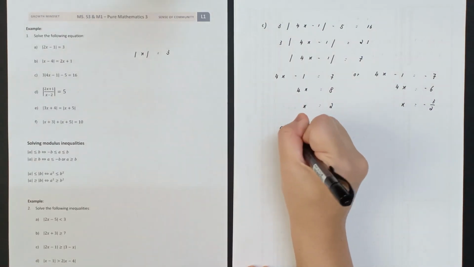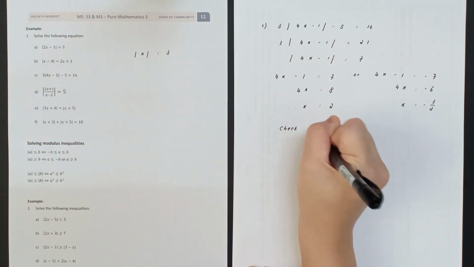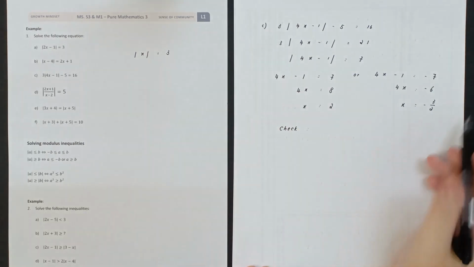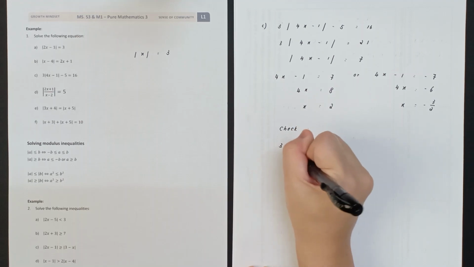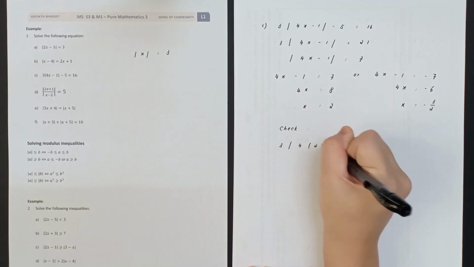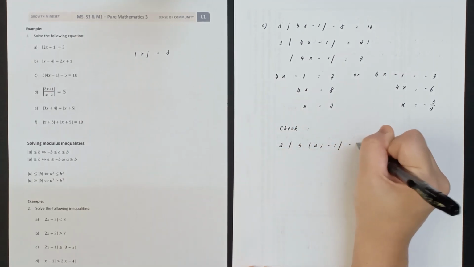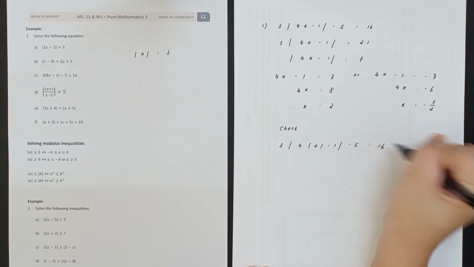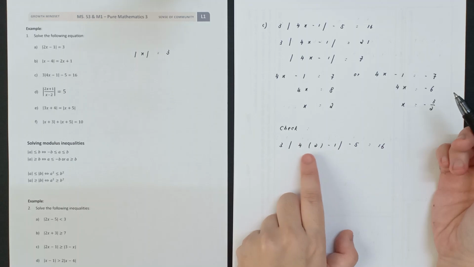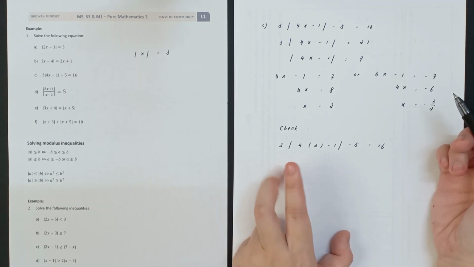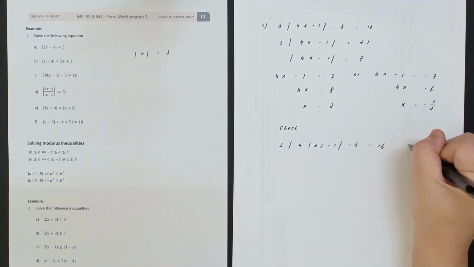So check. Substitute back into the original equation. Just copy and substitute your x with the 2 that you found. This part you can actually use your calculator to do, like 8 minus 1, 7, 7, 21, 21 minus, then you get 2.